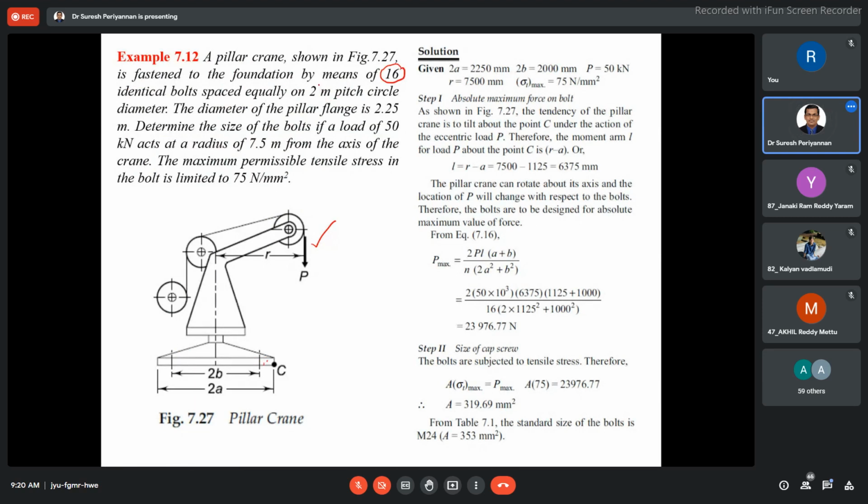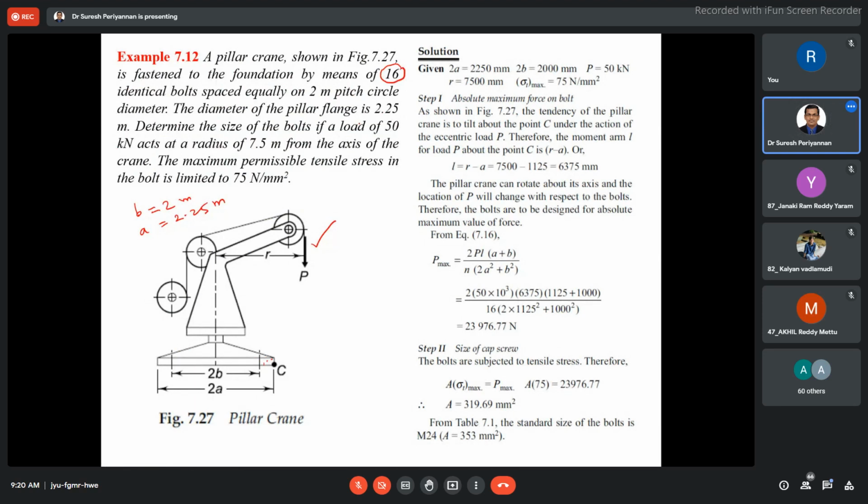A 2 meter pitch circle is nothing but B is equal to 2 meter. The diameter of the flange is 2.25 meter. This is 2.25 meter. Okay, A and B are given.